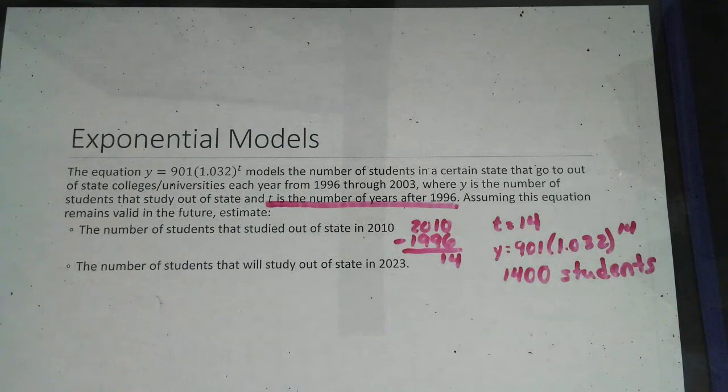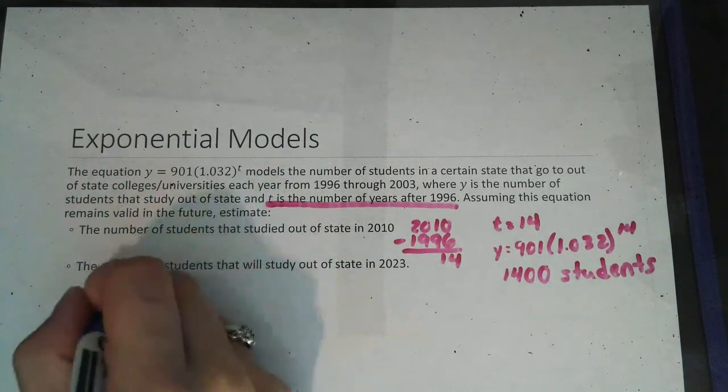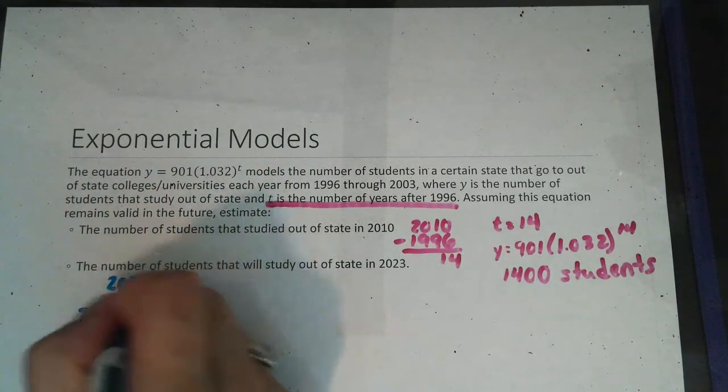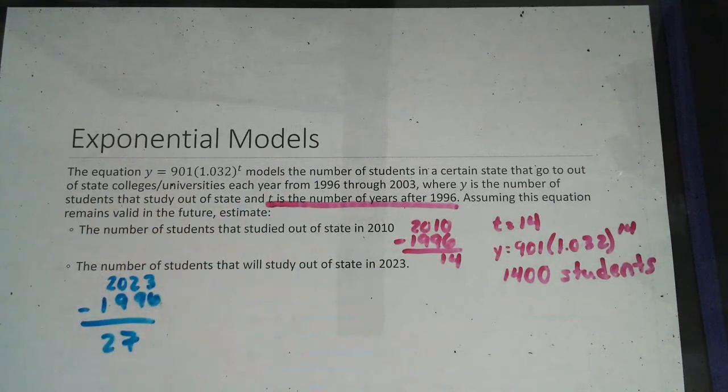Now we can try the same for finding the number of students that will study out of state in 2023. So we can take 2023 minus 1996, and that'll tell us how many years have passed. That'll be 27.